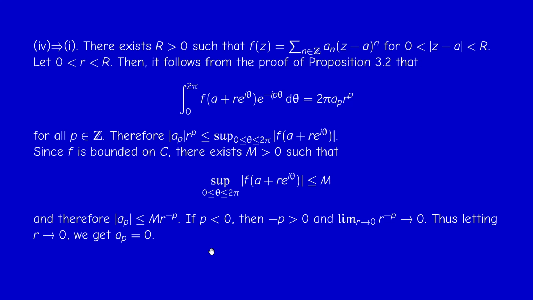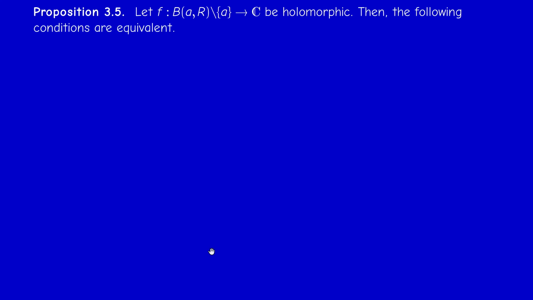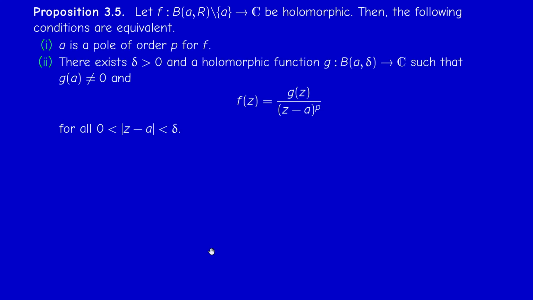Now we are going to talk about poles. We give two characterizations of poles of order p. Same assumption: f is holomorphic on a punctured disk or an annulus. There is an equivalence between three conditions. One, a is a pole of order p.